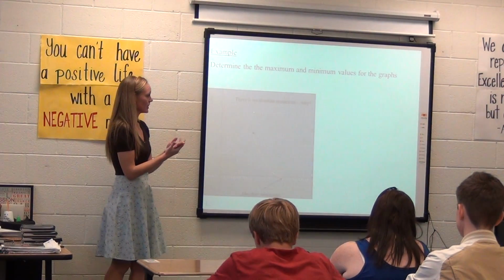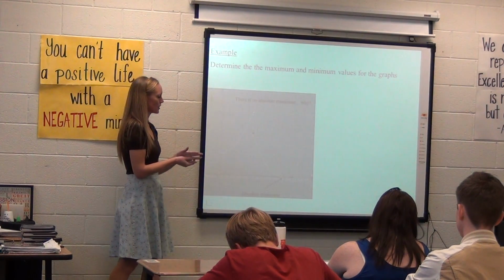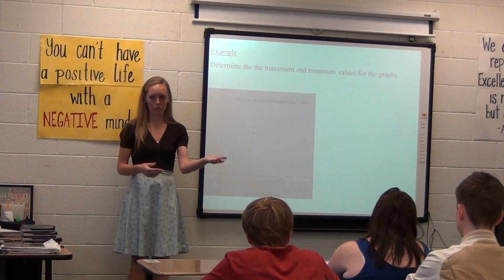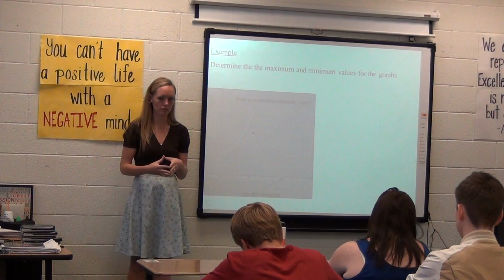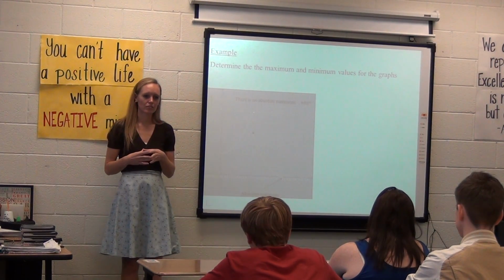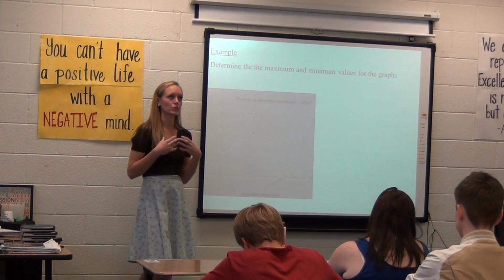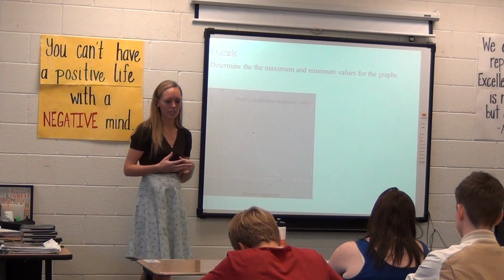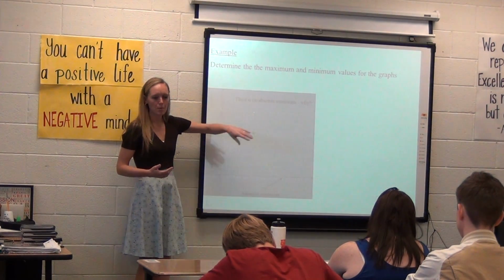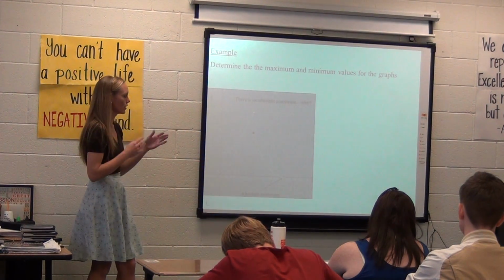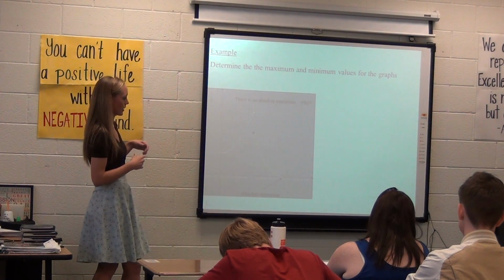If it's not continuous, or it's not a closed interval, we might have a minimum, or we might have a maximum, but we don't have to have those two things. Does that make sense? So the graph has to be continuous in order for us to definitely have both. So it's okay to say that there's no absolute maximum on this one, because it's not continuous, and so the extreme value theorem doesn't apply here.